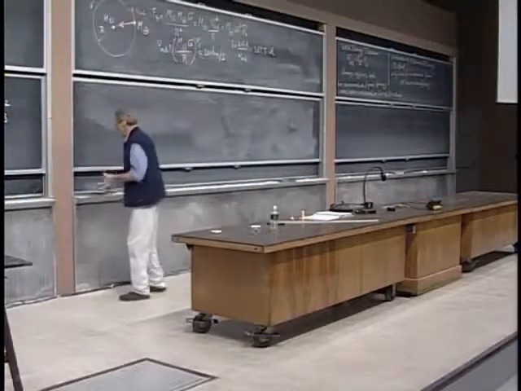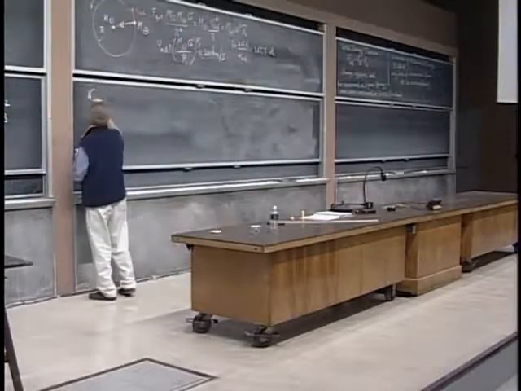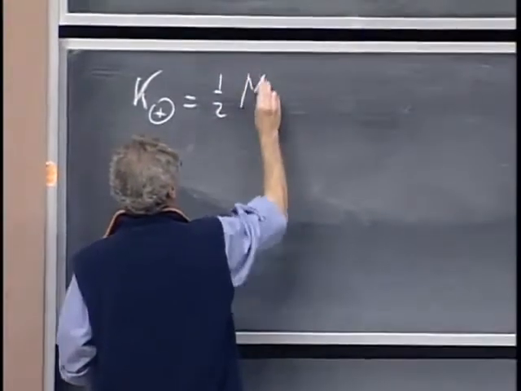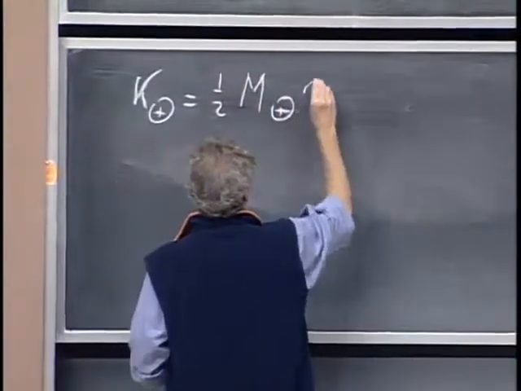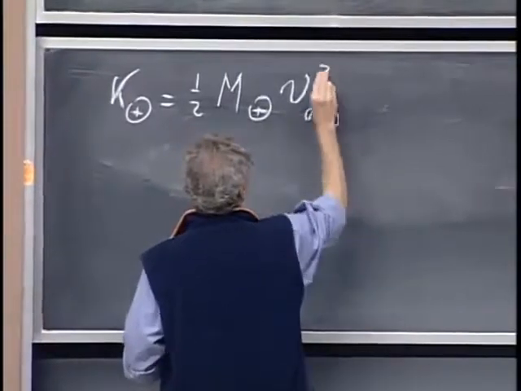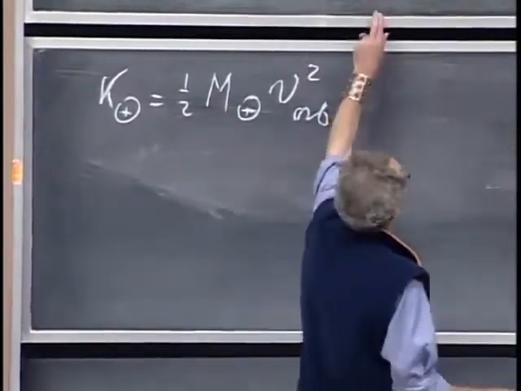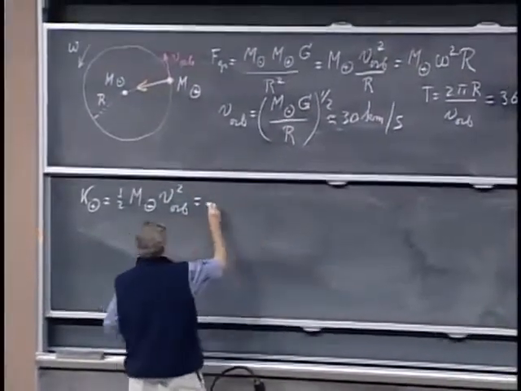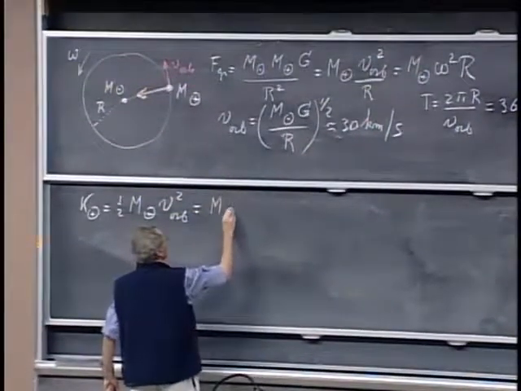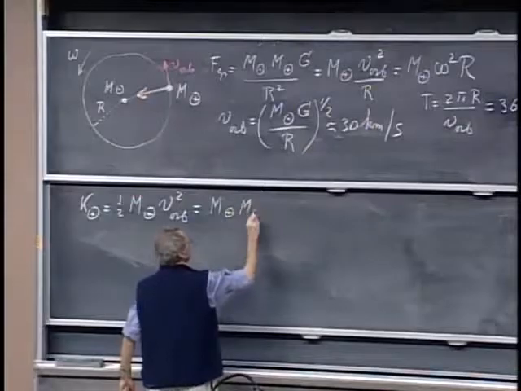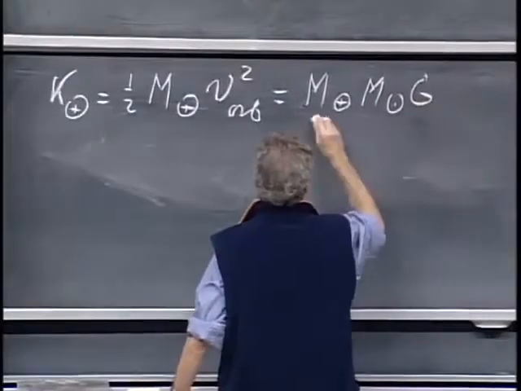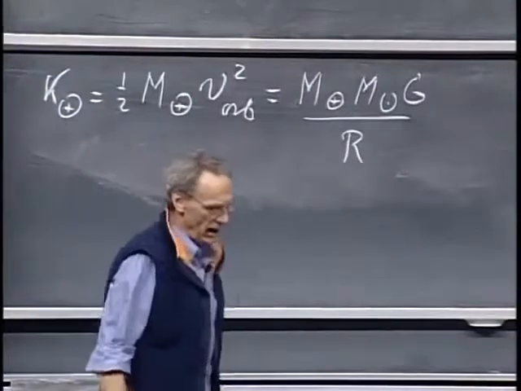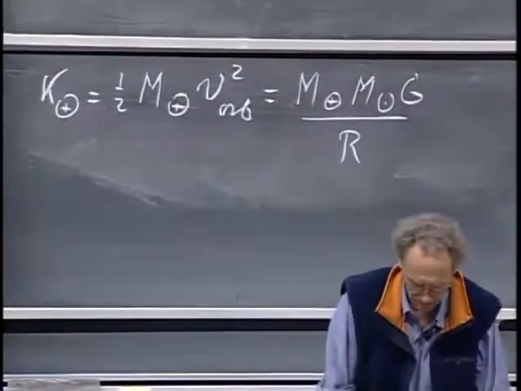So the kinetic energy of the Earth in orbit equals 1/2 mass of the Earth times v orbit squared. So I take this equation and I square it. I lose the half there, and so I get m Earth, m sun times G divided by r. That is the kinetic energy in orbit.